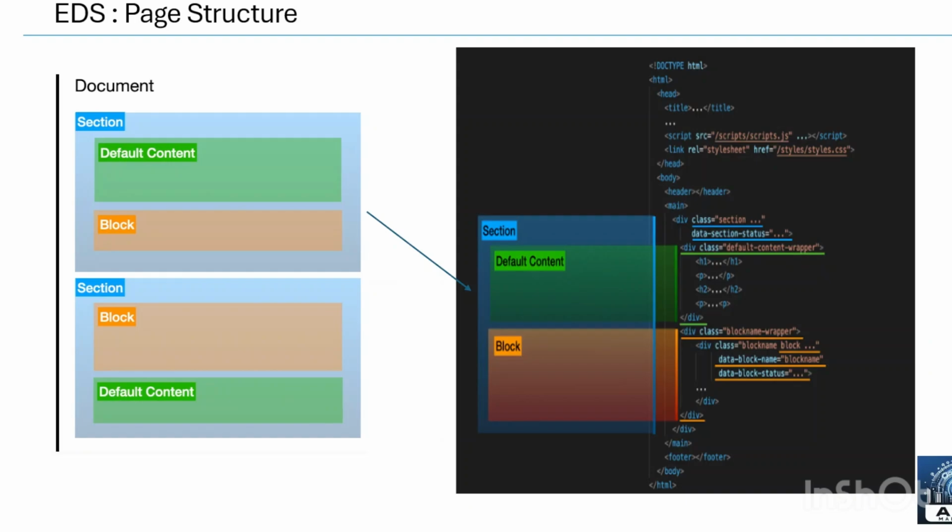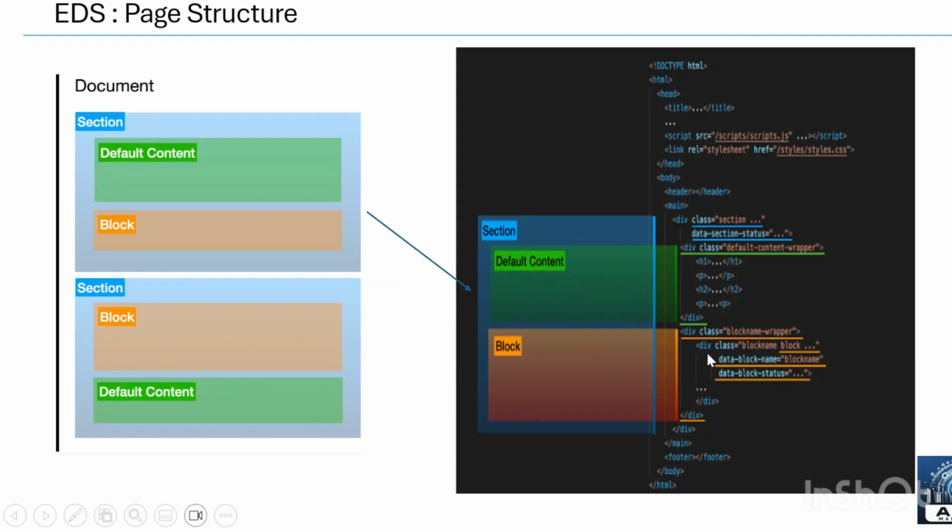As I mentioned, there will be a separate div for the section. Inside that there will be a default content wrapper for the default content. This green area is default content, and there's a separate wrapper for that. Then there will be a block, with a separate div and wrapper div for any particular block.